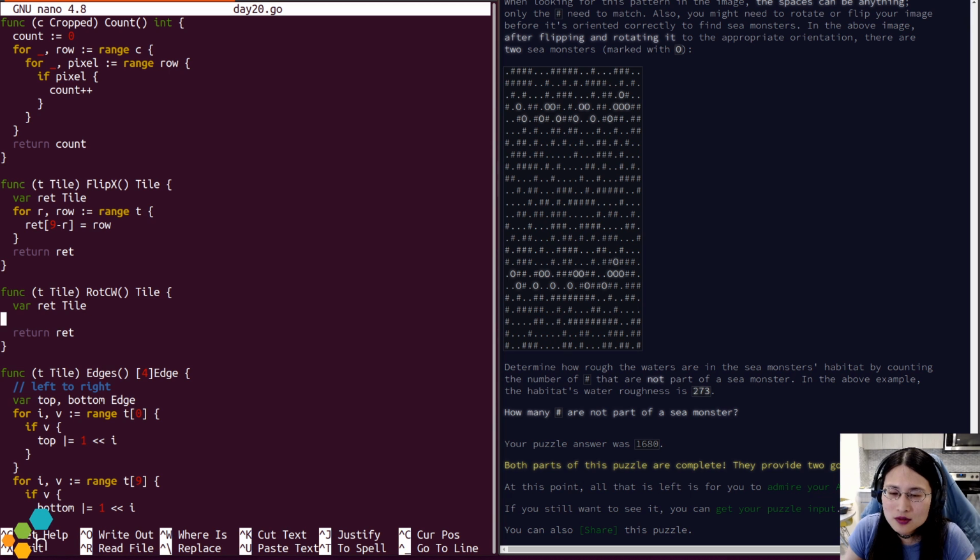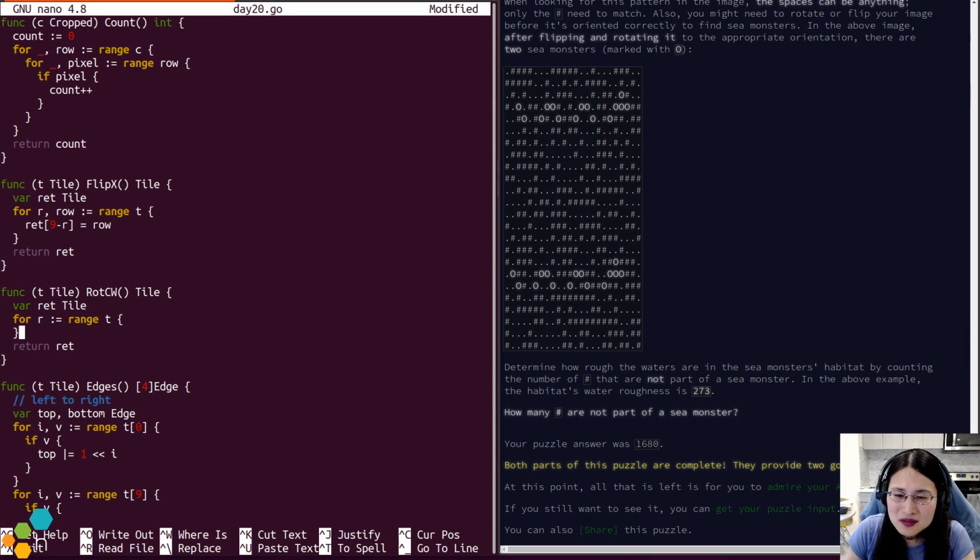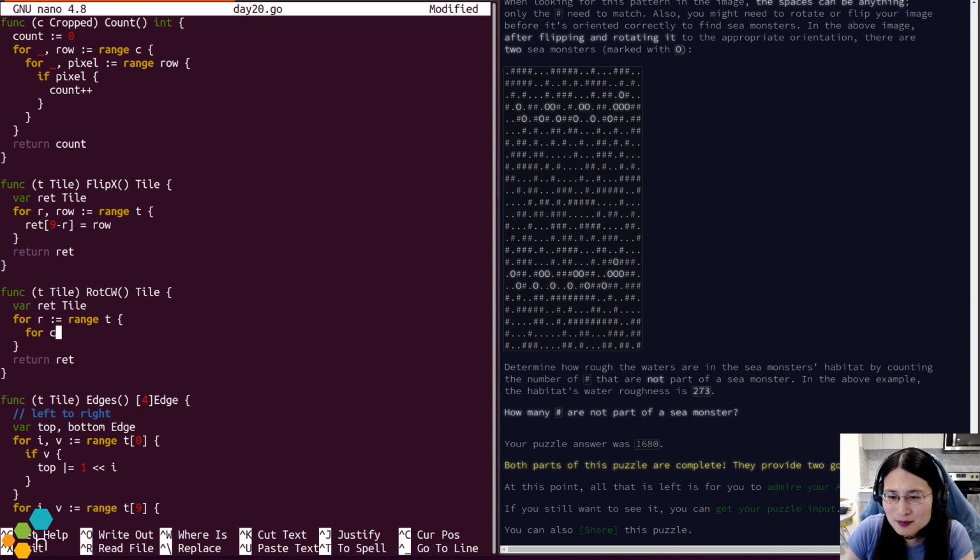Now, how do I handle the clockwise rotation? That is going to be the only slightly tricky bit. But fortunately, I've got a piece of paper here that details exactly how this is supposed to work. So let's see. Here, we need to construct this manually.